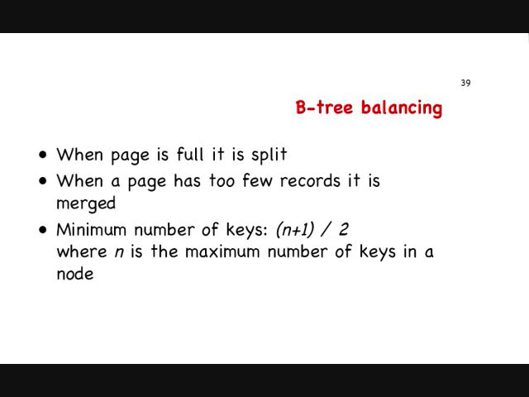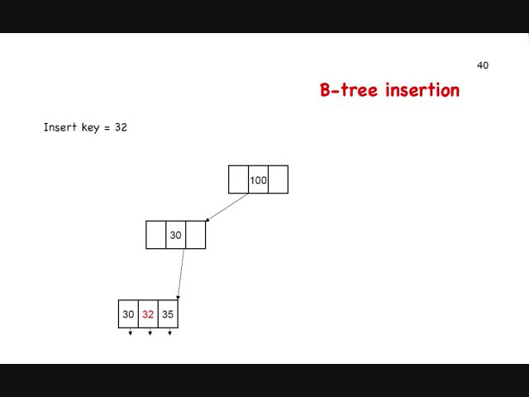Right, in this case, let's look at what happens with insertion. We're inserting key 32, so off we go. We know it's less than 100, off we go. It's more than thirds, so off we go. There we are, it fits. Great.